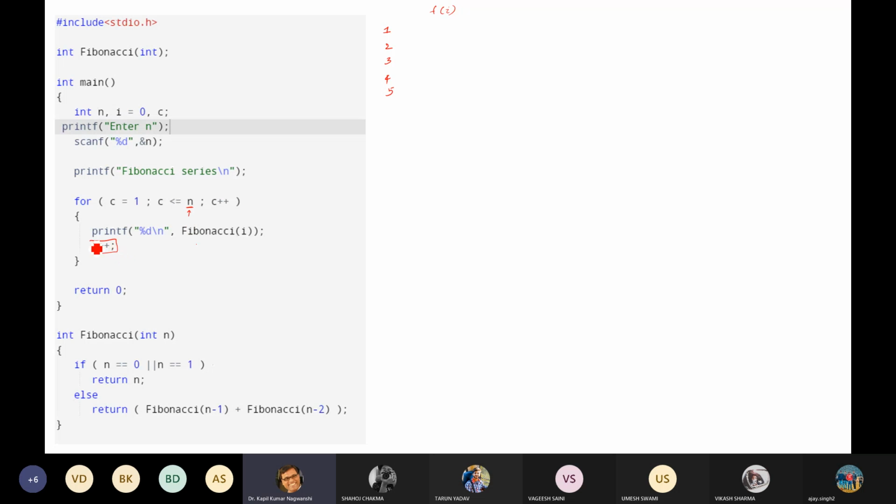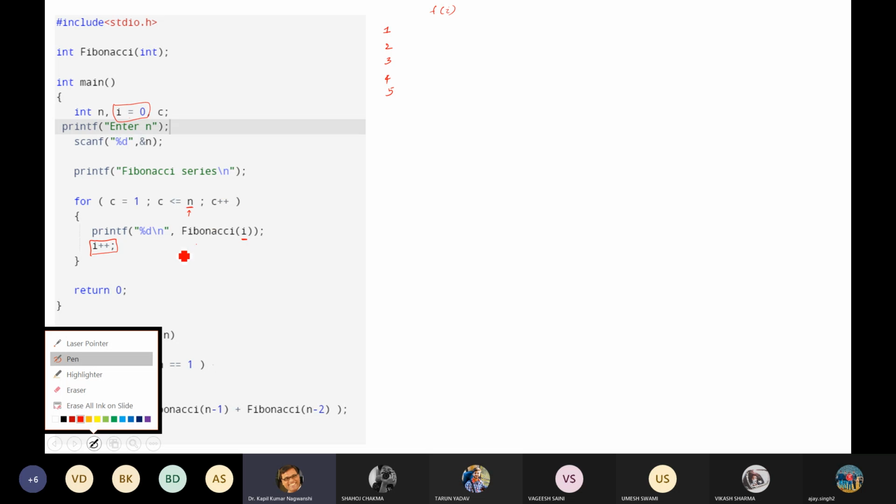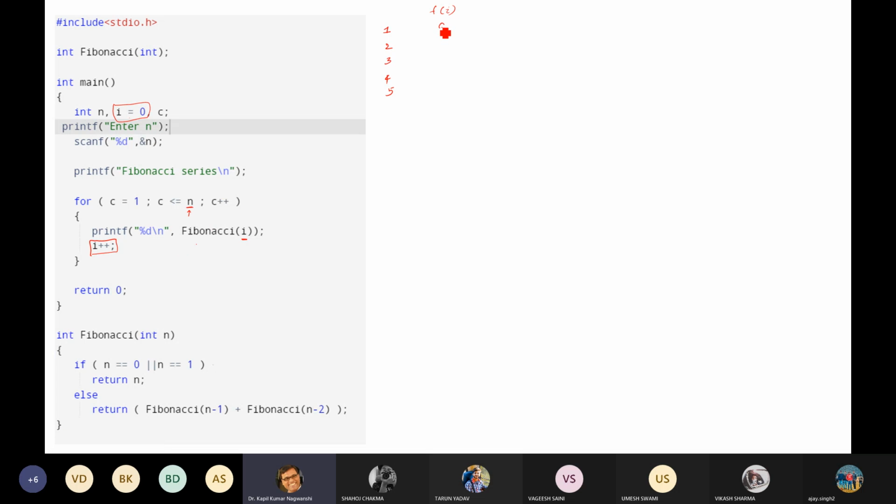Here you can see that i is also iterated, and the initial value of i is 0. So Fibonacci 0 is 0. Now this will be plus plus.